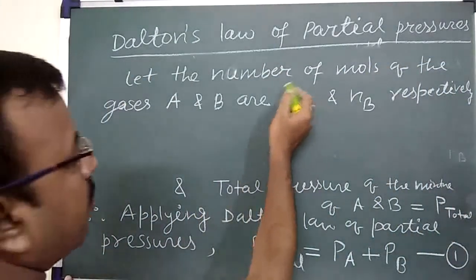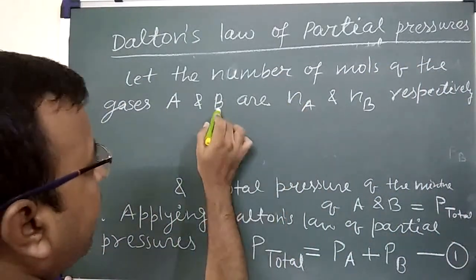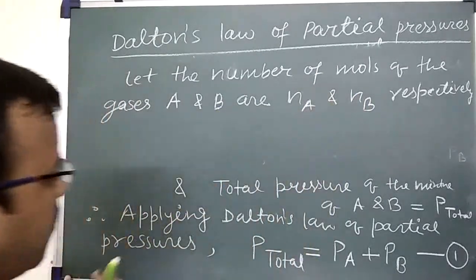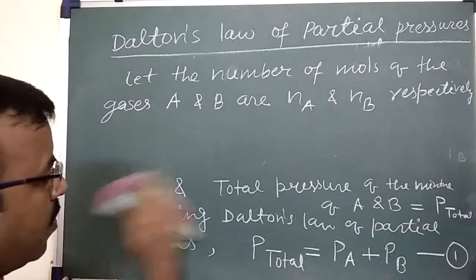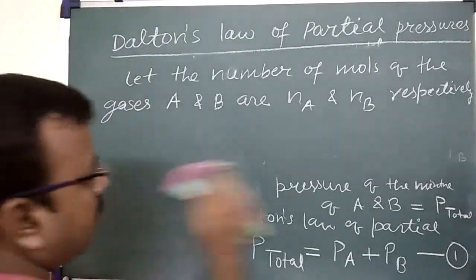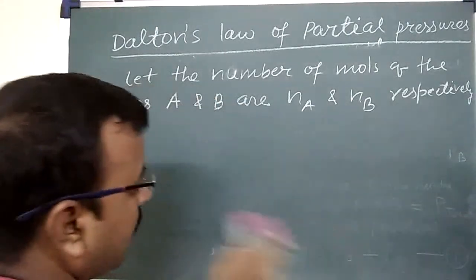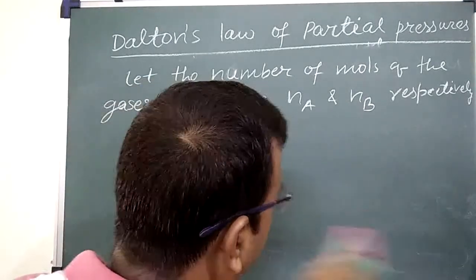So let the number of moles of A is Na and the number of moles of B is Nb. So what would be the total number of moles of the mixture?